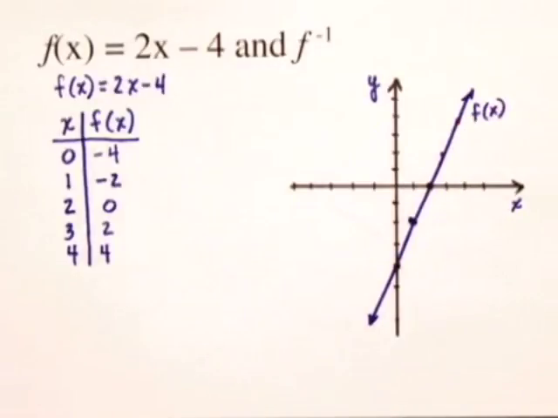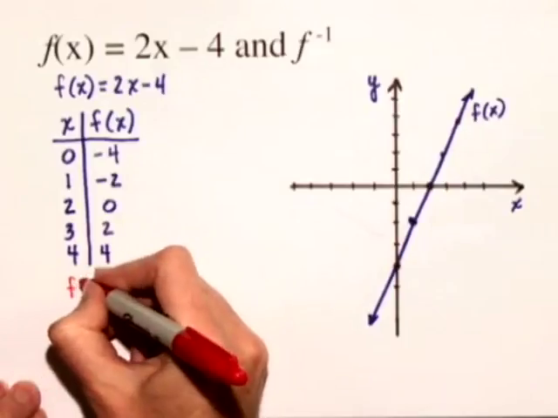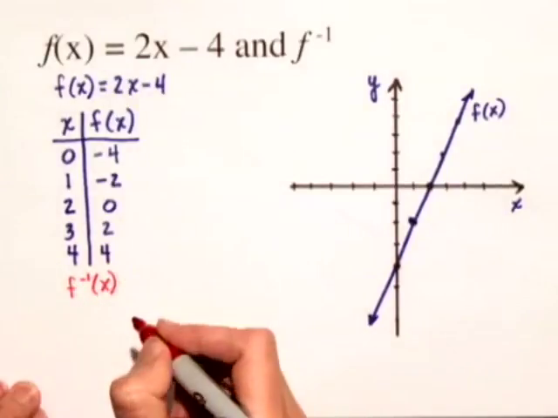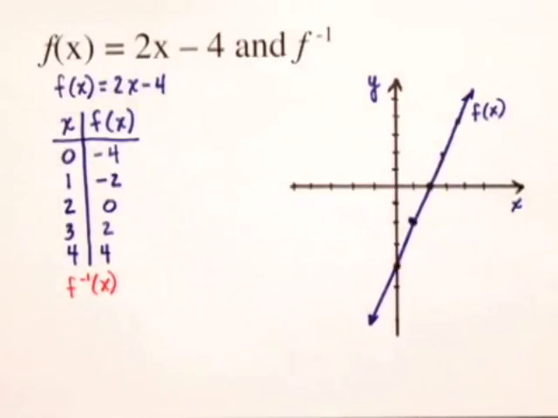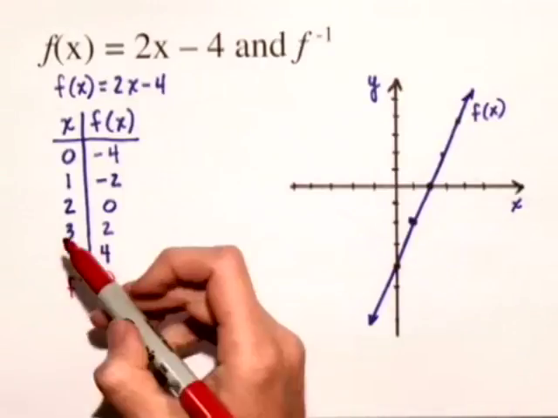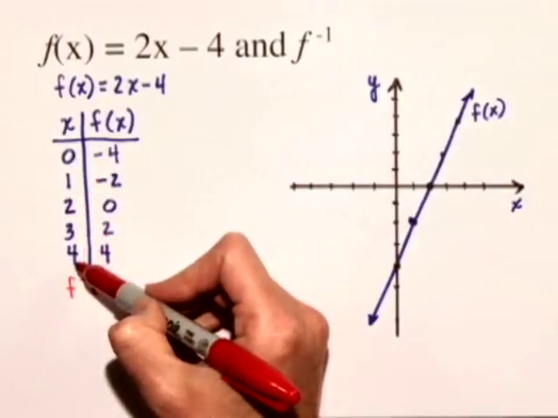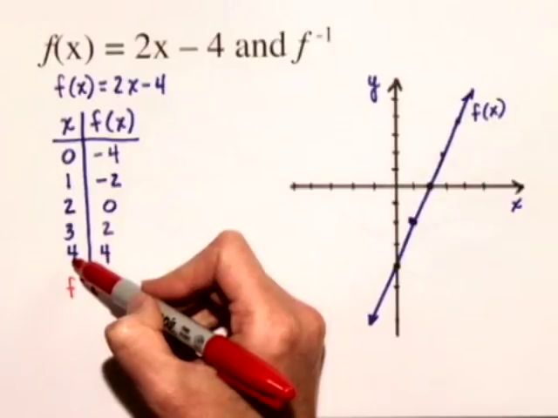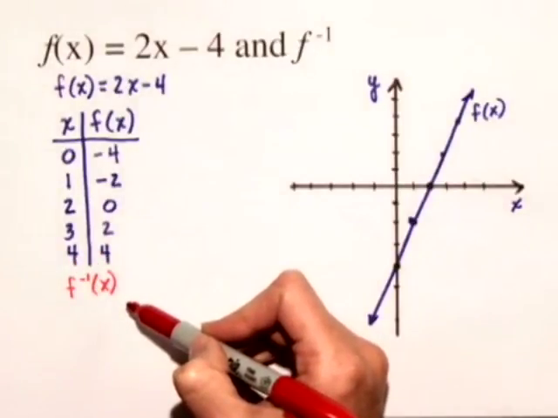Now, let's graph the inverse function in red. We'll call it f inverse of x. In order to graph f inverse of x, we need to remember something about a function and its inverse. Remember, the x values, or the input or the domain values for the original function, become the range for the inverse function.